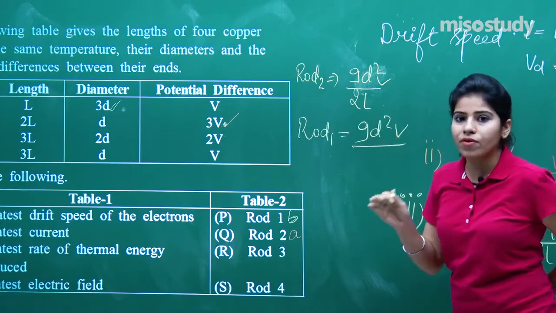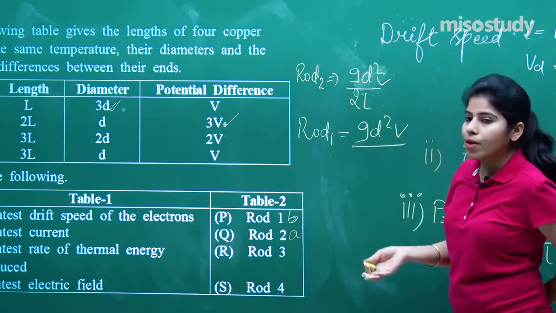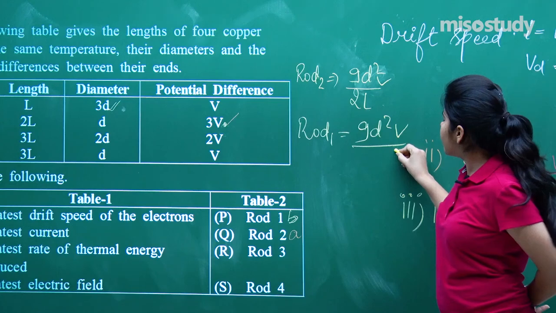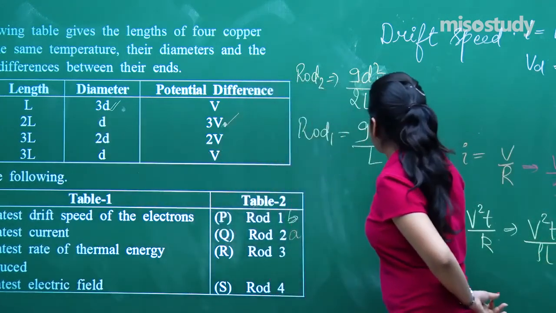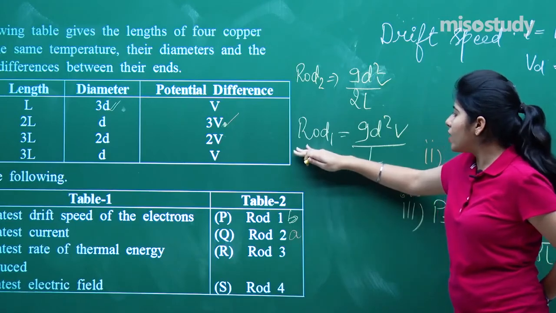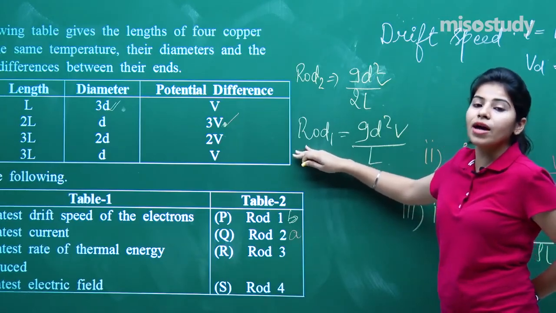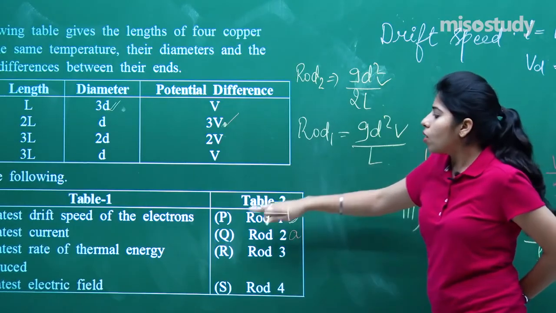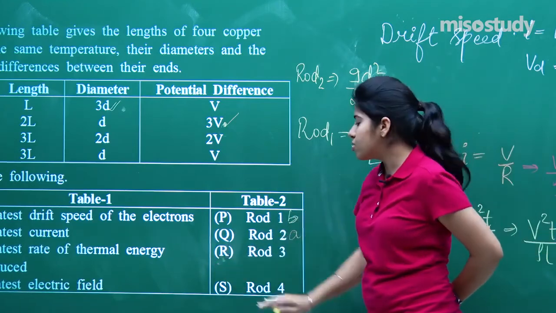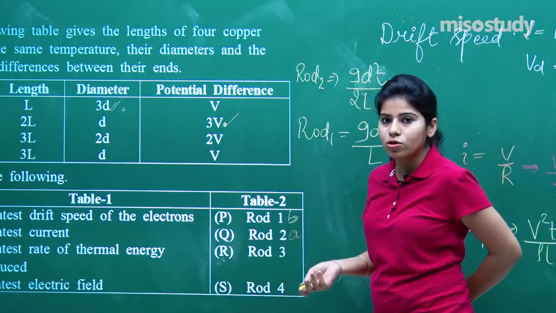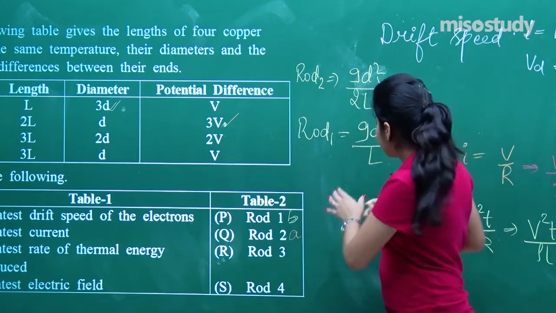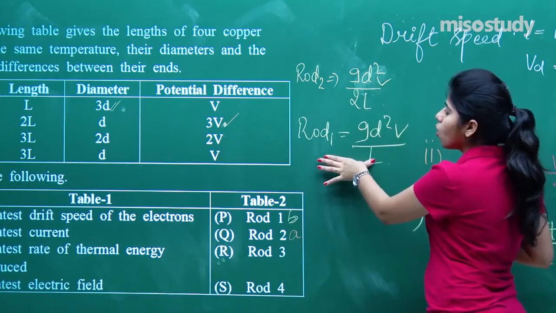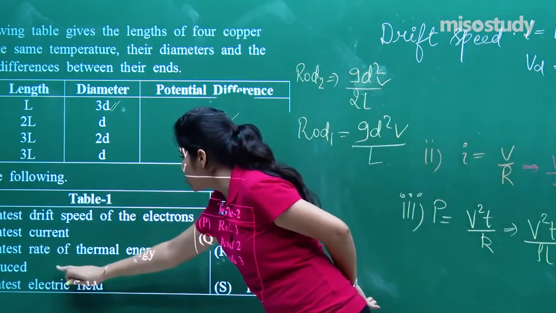The one which will be having minimum length will be having maximum power. So here the length will be L. So that means rod 1 is the one which will be having maximum power generated, or you can say the greatest rate of thermal energy produced. H equals again V square t by R. So we have just found out that rod 1 is the one with greatest thermal energy produced.